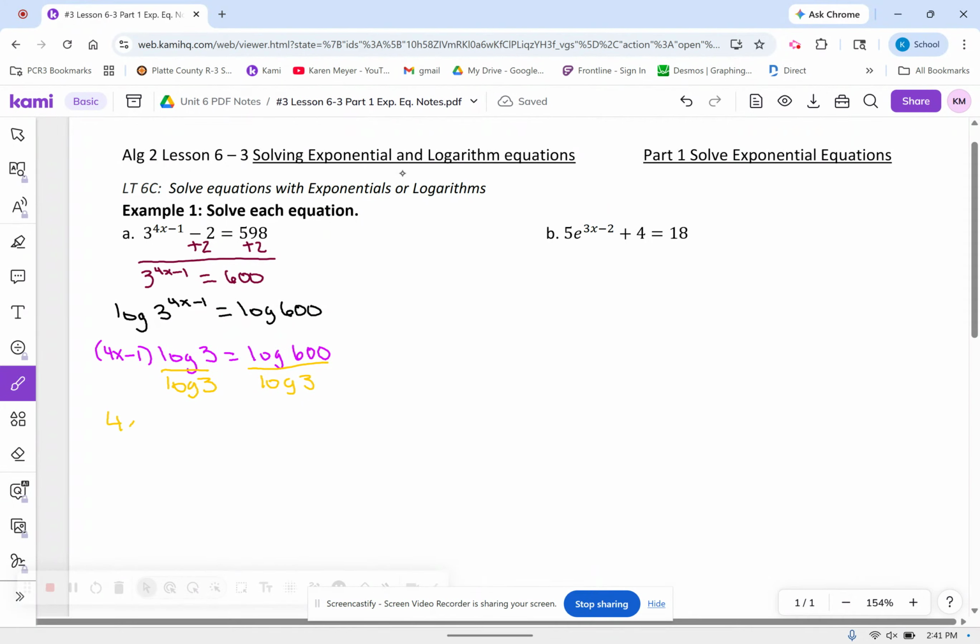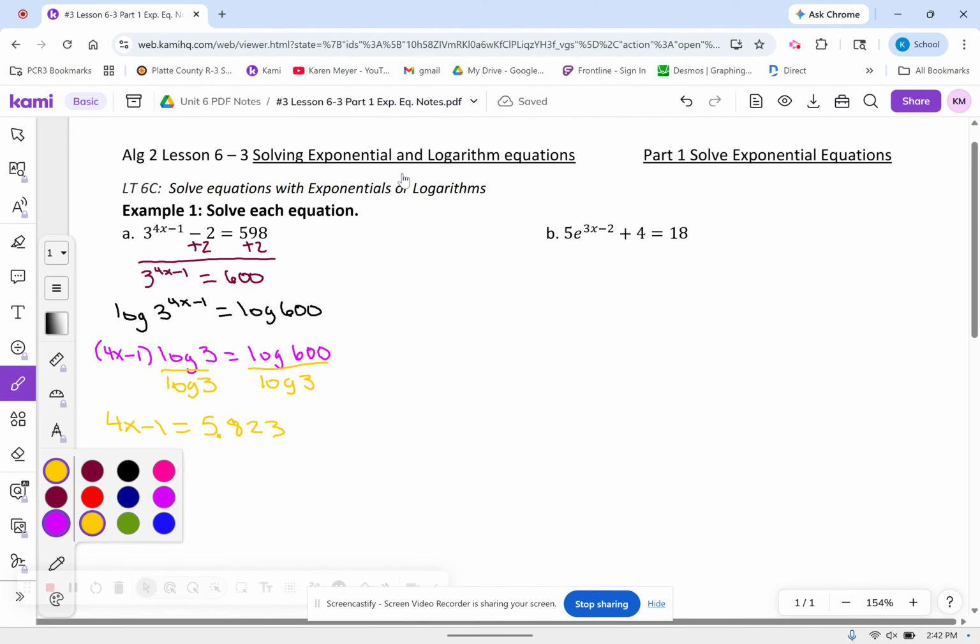So then I would have 4x minus 1 equals, and I would take out my calculator and use the log button. I would type in log 600 divided by log 3, and then round this to 3 decimal places. That gives me 5.823.